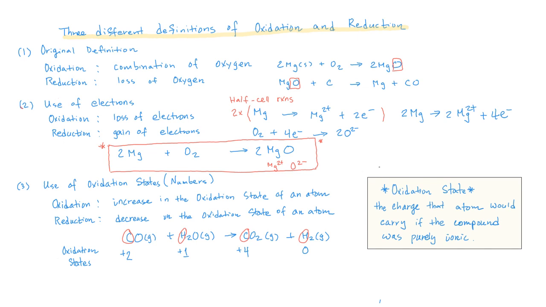Okay, now I want to discuss three different definitions of oxidation and reduction reactions. As time goes on, the definitions of oxidation and reduction reactions have been expanded. Originally, oxidation and reduction were involved with reactions with oxygen.